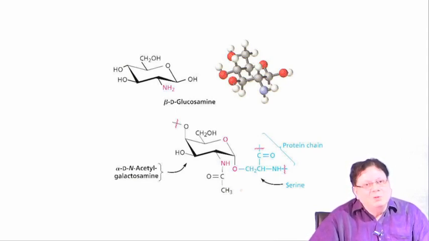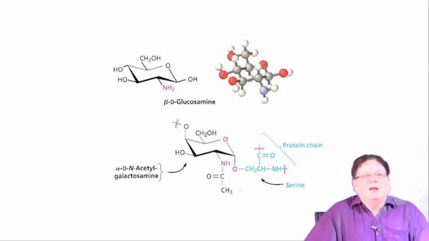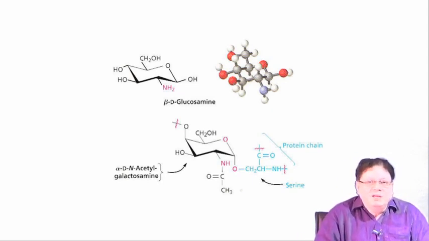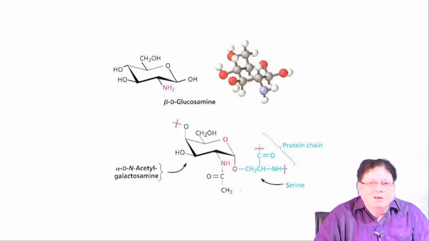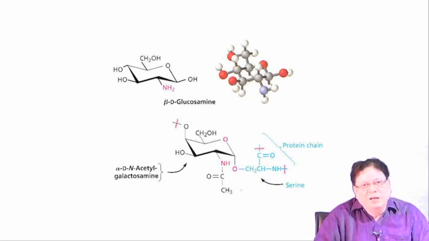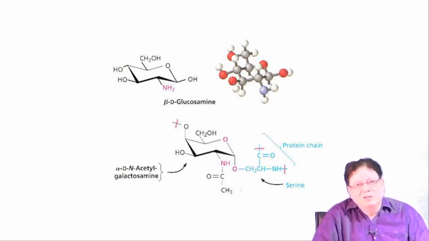And this is beta, you can see it is beta because the anomeric OH is in the beta orientation above the average plane of the ring. Also in the beta form, this is in the equatorial position, and the NH2 is at the 2 position, that is alpha.